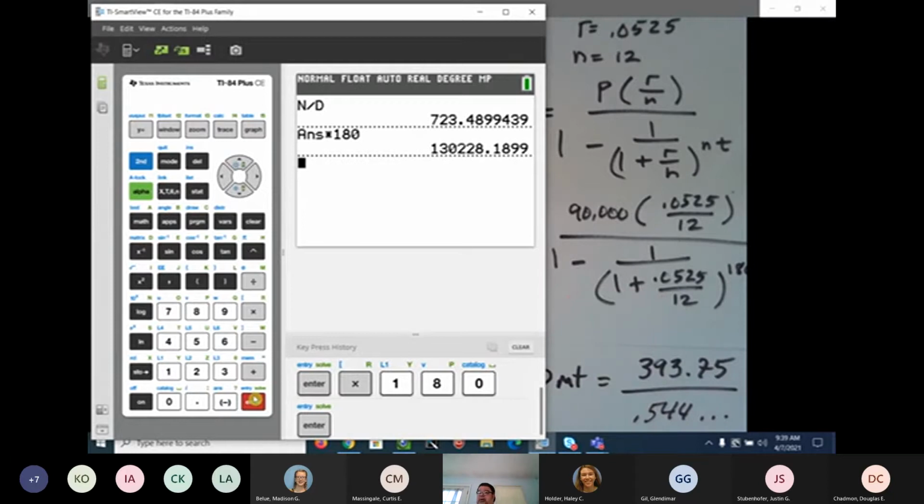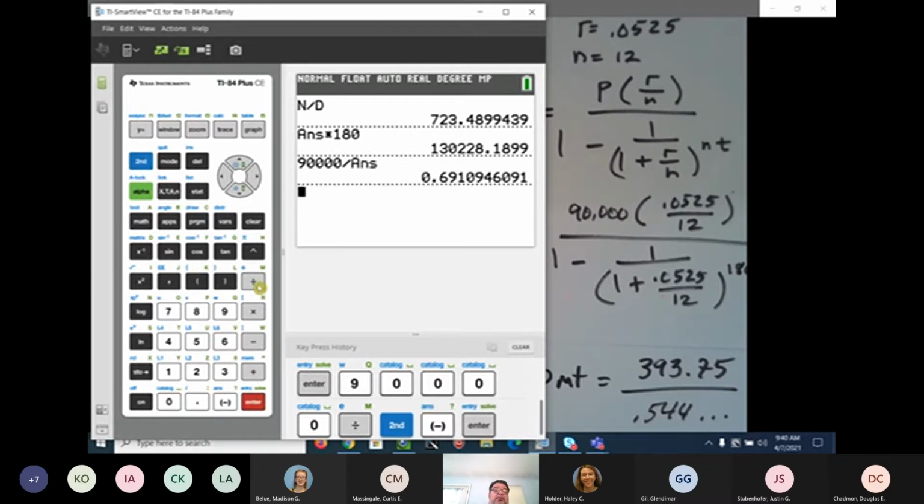Now we can easily take 90,000 and divide it by second answer and multiply that by 100. Wait a minute, no, that wouldn't be right. You got to take the interest. Well, you can say 69%.